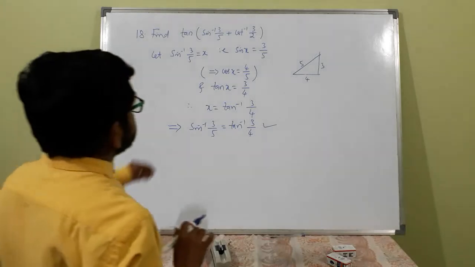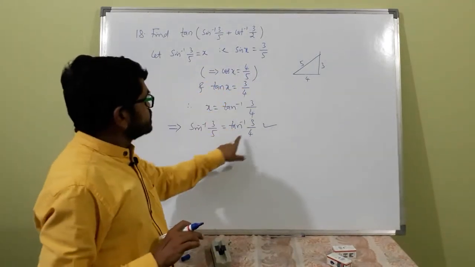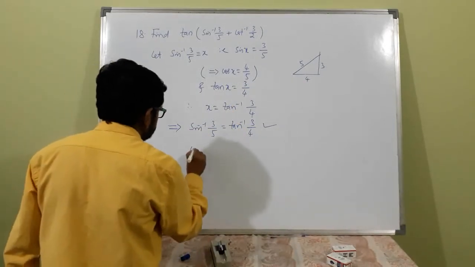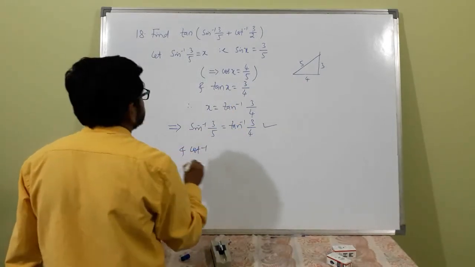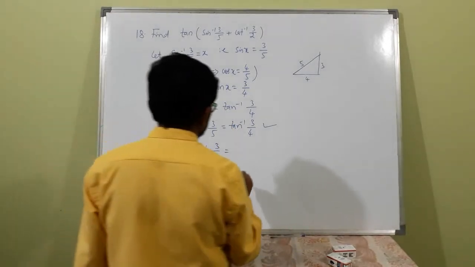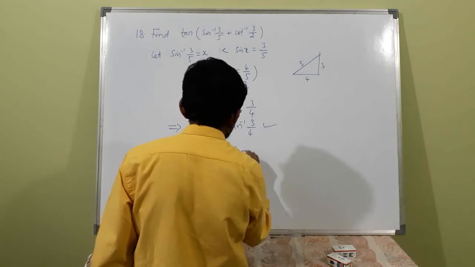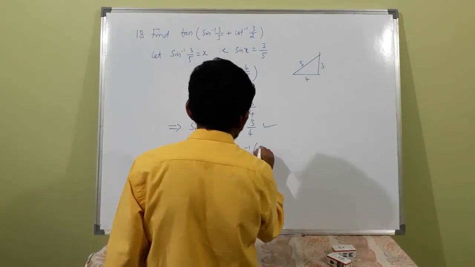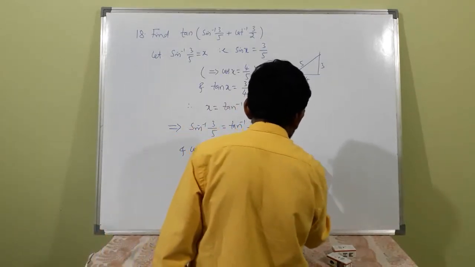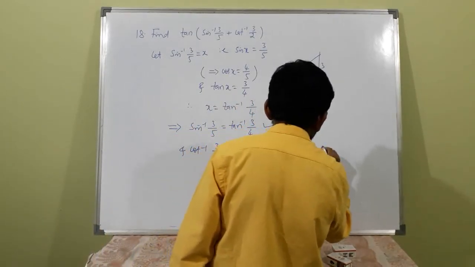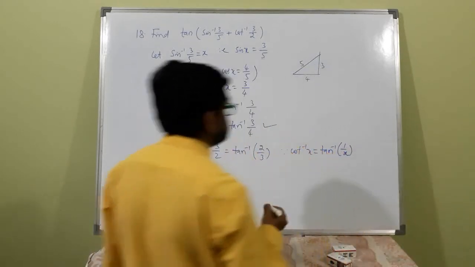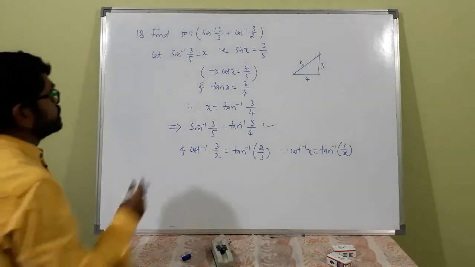And cot inverse of 3 by 2 is equal to tan inverse of 2 by 3, because cot inverse x is equal to tan inverse 1 by x. This result you can use.